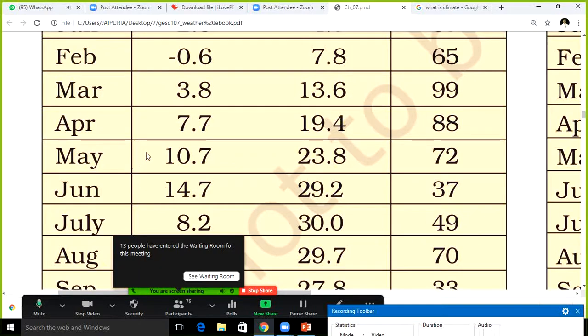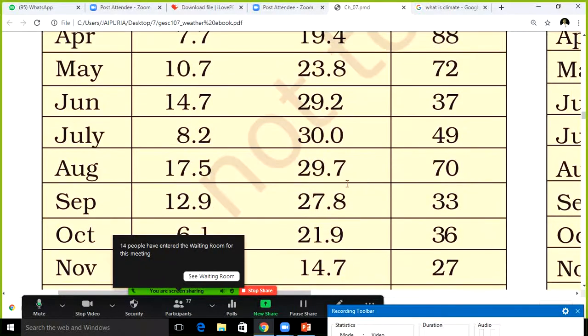April is 7.7 and 19.4, and 88 mm is the total rainfall. May is 10.7 and 23.8, and 72 mm rainfall. And June, in Jammu and Kashmir, is 14.7 and 29.2, and 37 mm is the rainfall.